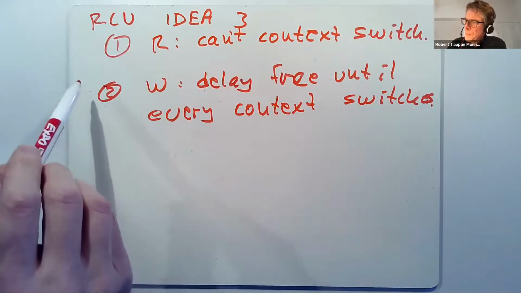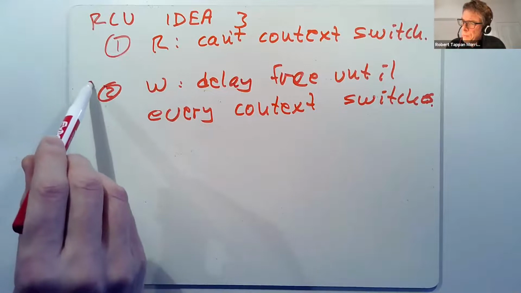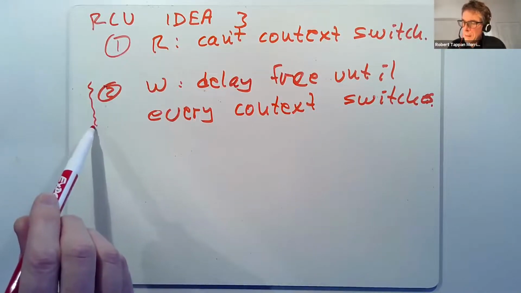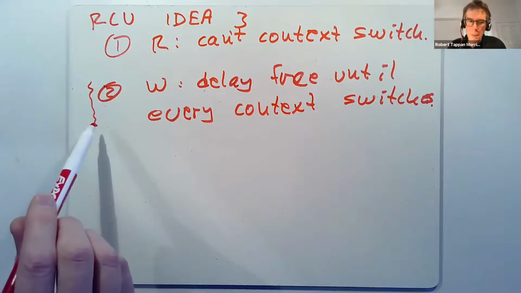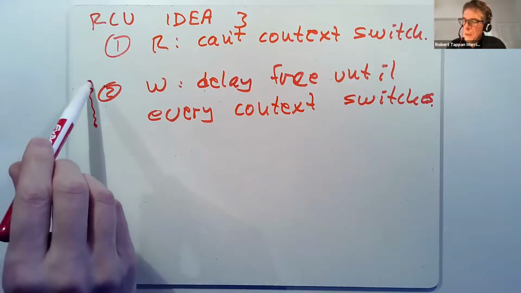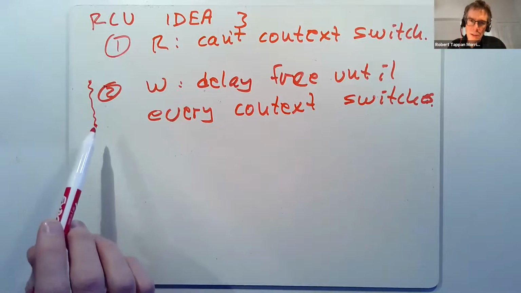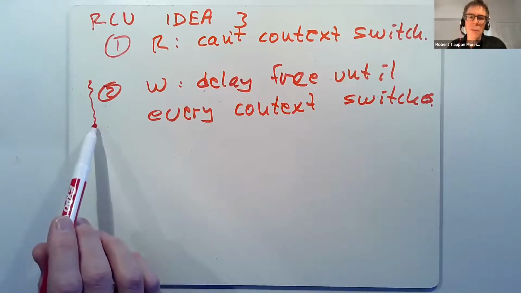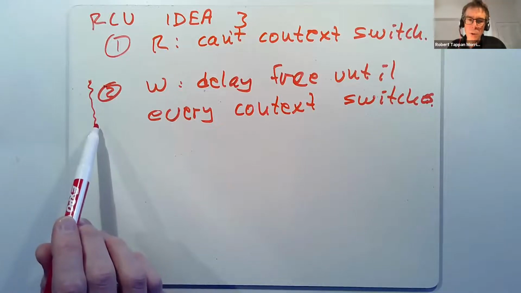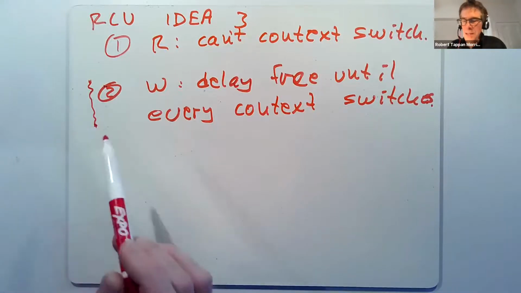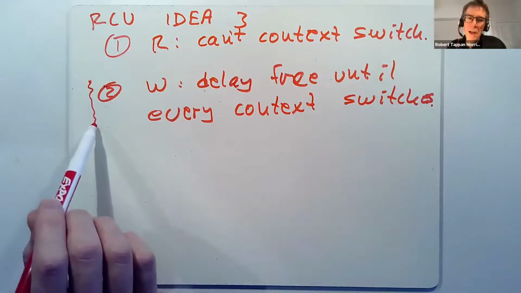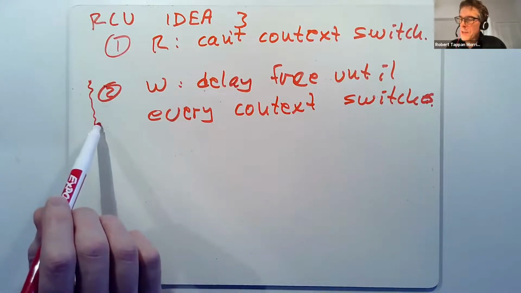People have come up with a bunch of techniques for actually implementing this wait. The straightforward one the paper talks about is that the writing thread simply arranges with the scheduler to be executed briefly on every one of the cores in the system. What that means is that every one of the cores must have done a context switch during this process.